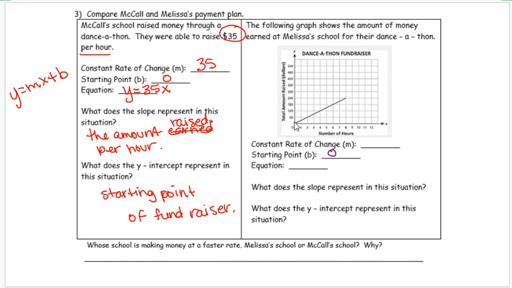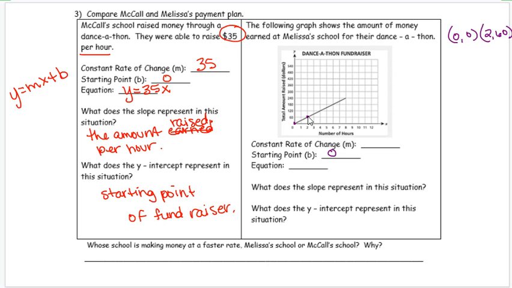Now to find my slope, I need to find 2 points and calculate my rise and my run. So here is a point, and I had 0, 0. Now there's 2 ways I can do this. I know that I start at 0, 0, and I also see my next point is at 2, 60.